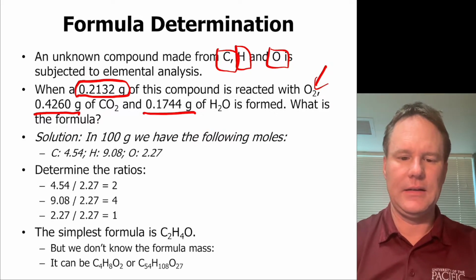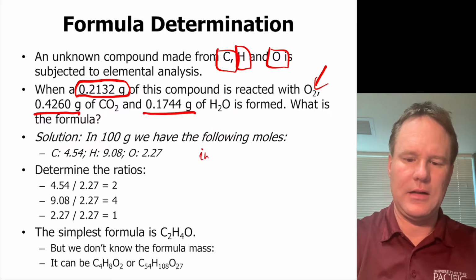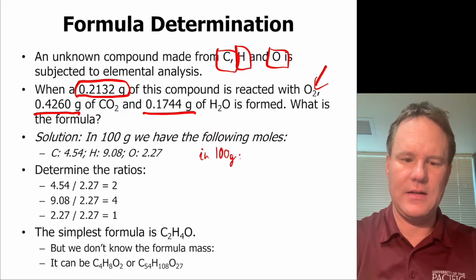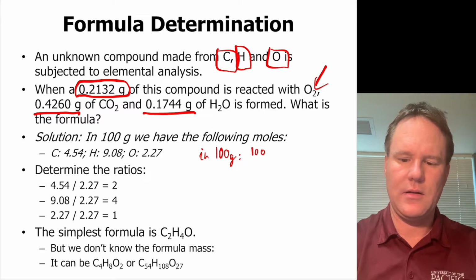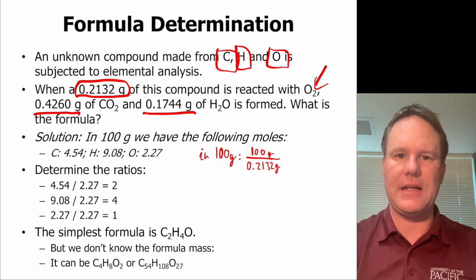So in 100 grams, you would get 100 divided by 0.2132 times that much.